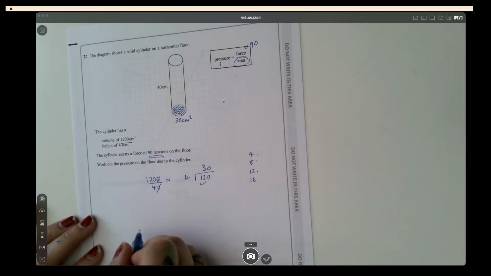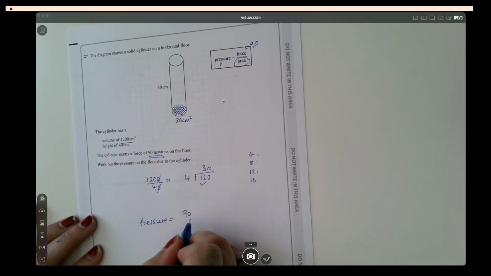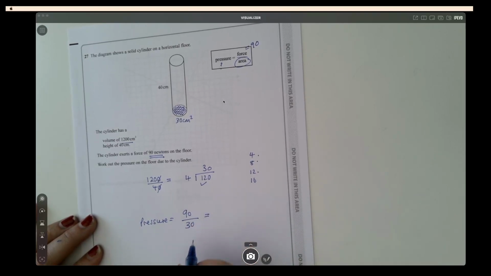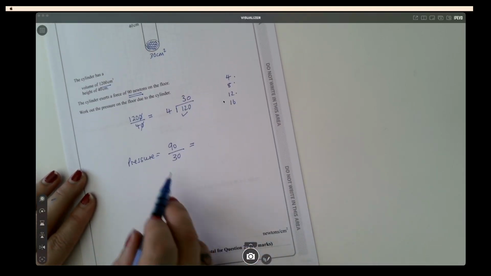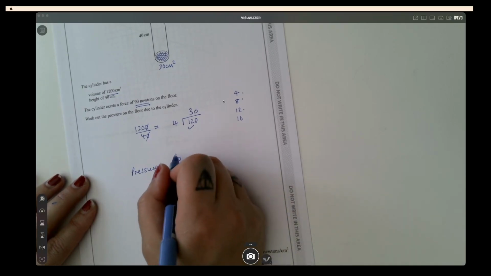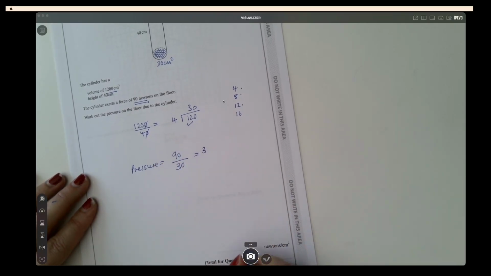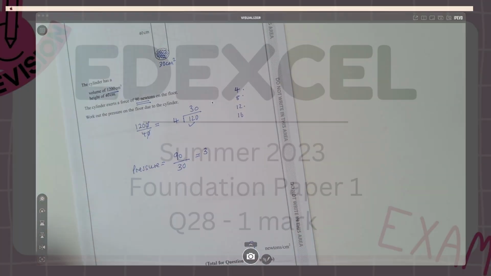So now we have the area. So let's find the pressure. So the force is 90 newtons divided by our 30 centimetres squared. So in newtons per centimetre squared, which is fine, 90 divided by 30 is 3. So it's a pressure of 3 newtons per centimetre squared.